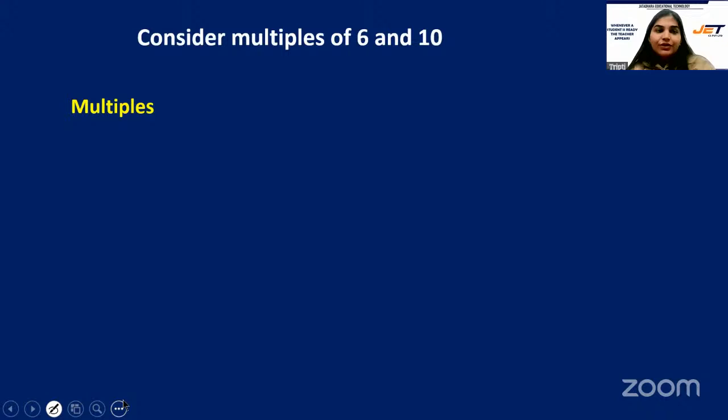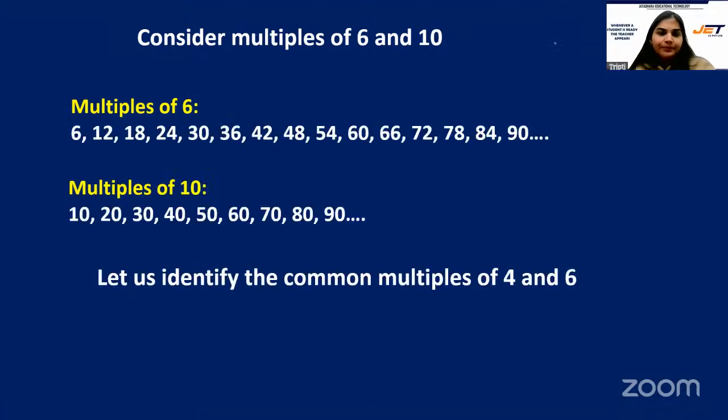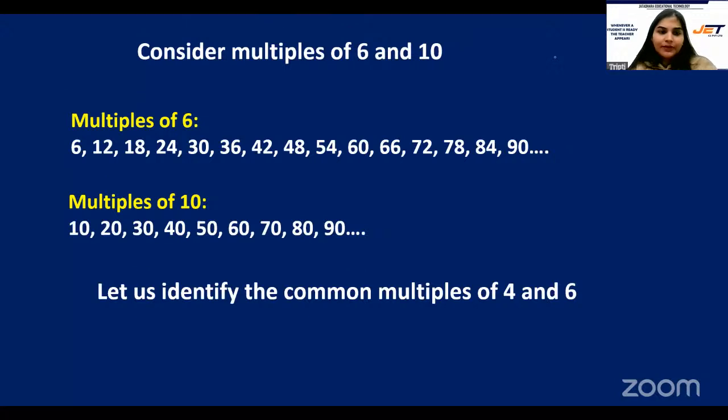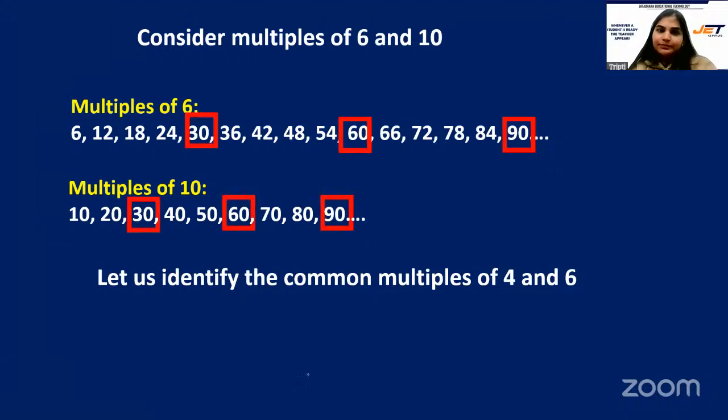So here I have written all the multiples of 6. Okay. And then here I'll write all the multiples of 10. Now we will identify the common multiples. Okay. We'll see the common multiples here: 30, 60, 90, and so on.